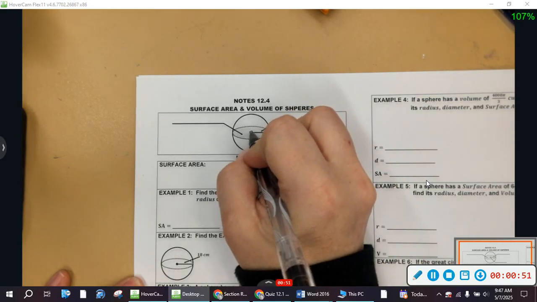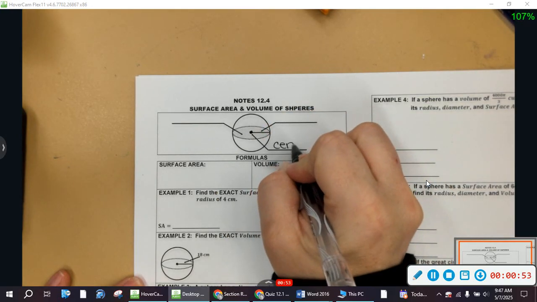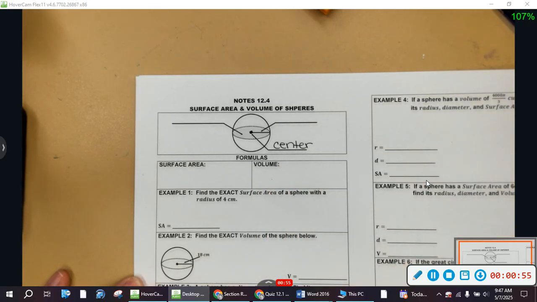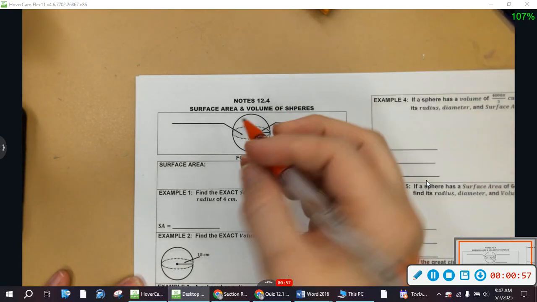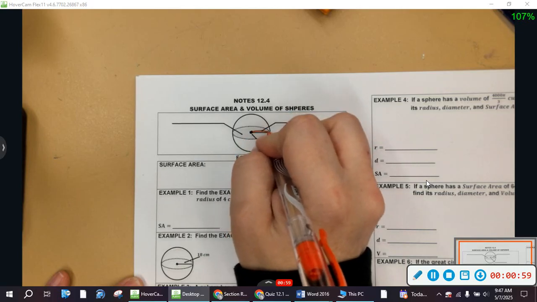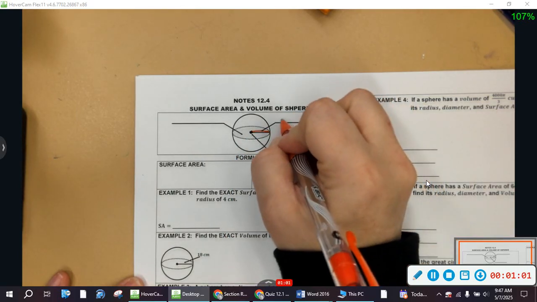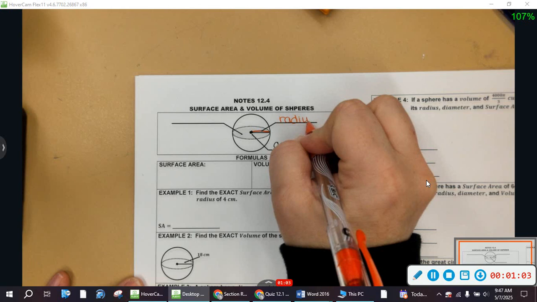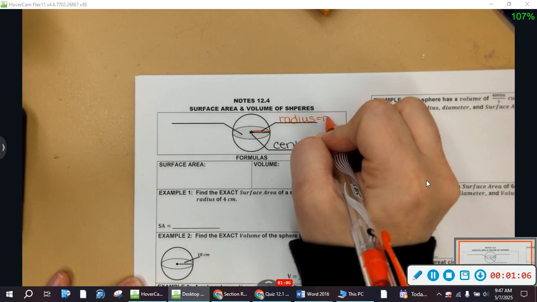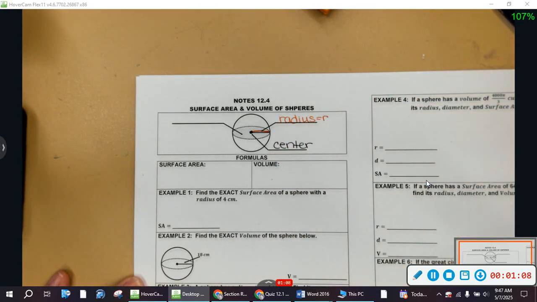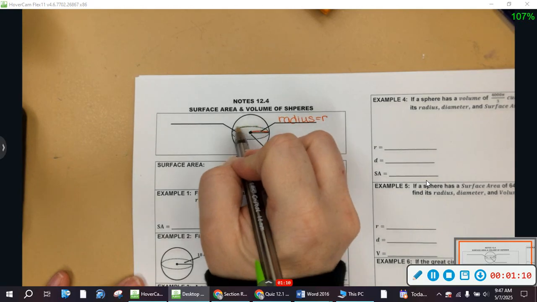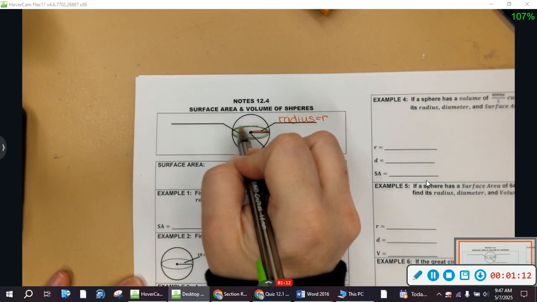And let's talk about vocabulary. We've got this point in the middle, which is your center. And from the center to a point on the sphere is your radius. And then we have this shaded circle in the middle.